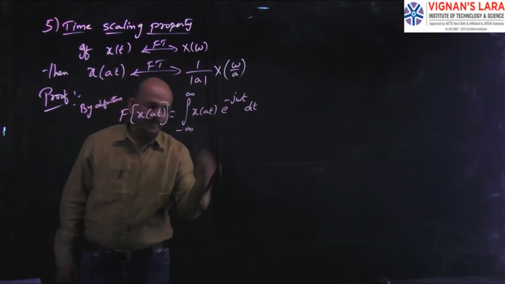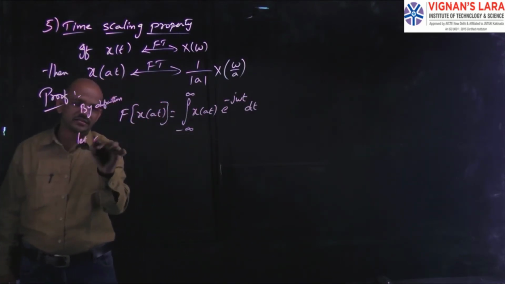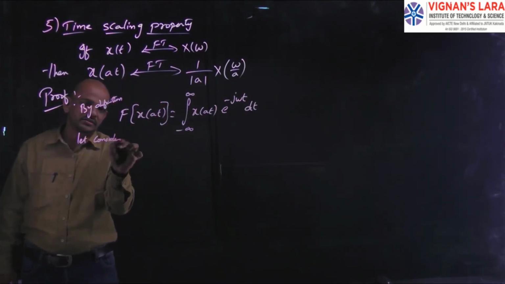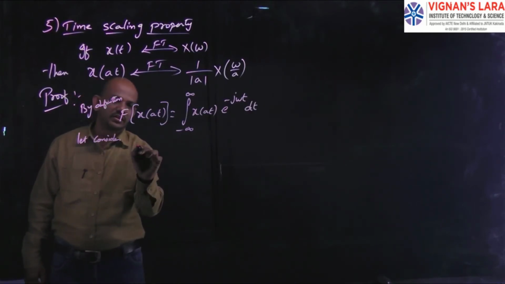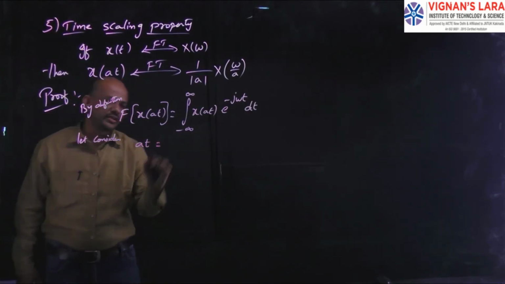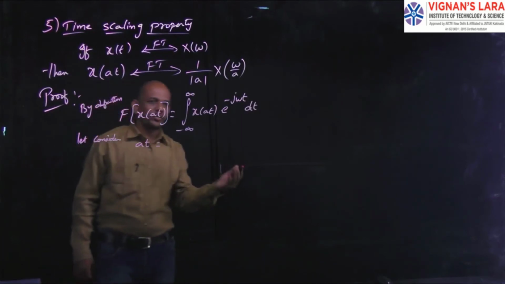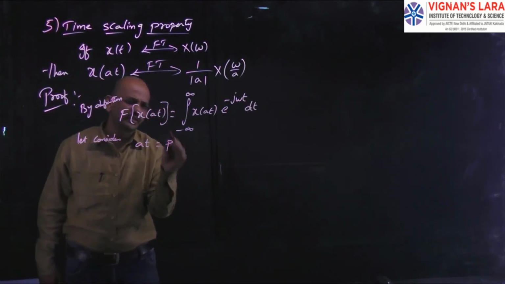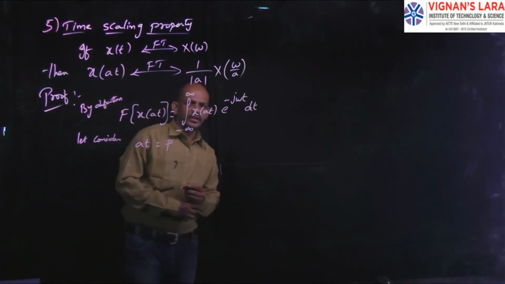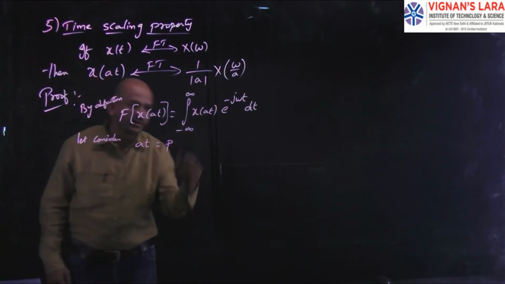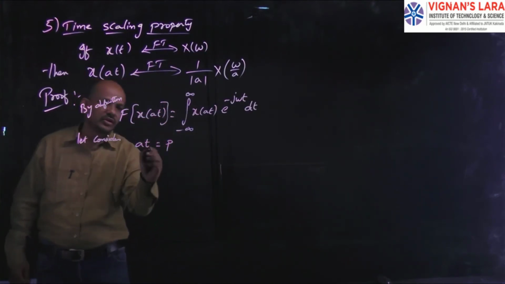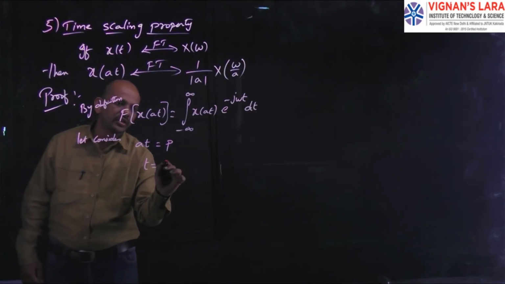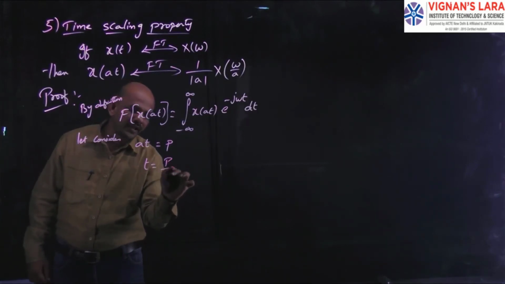Now here let's consider a t equal to p. So from this, what is the value of t? t equal to p by a.